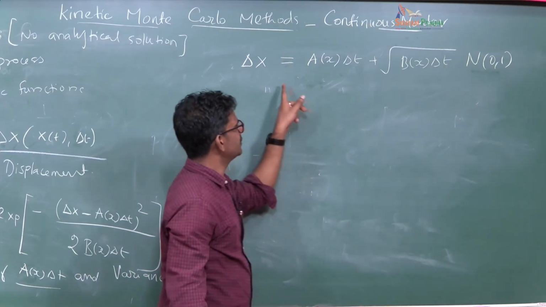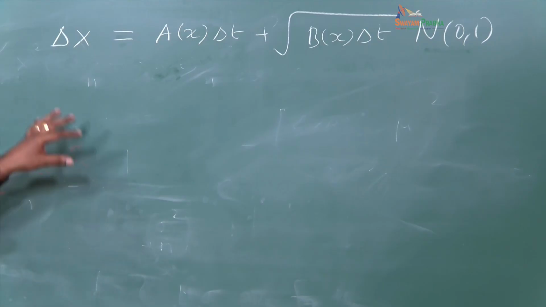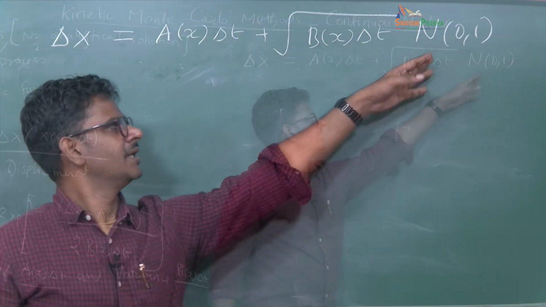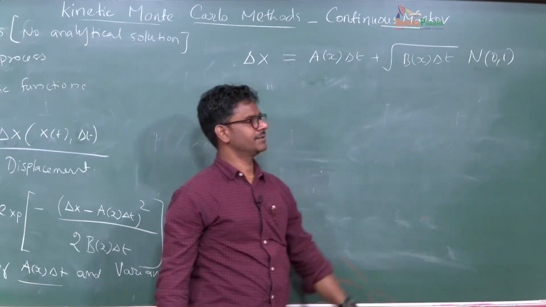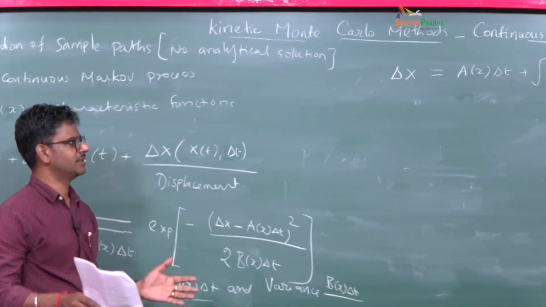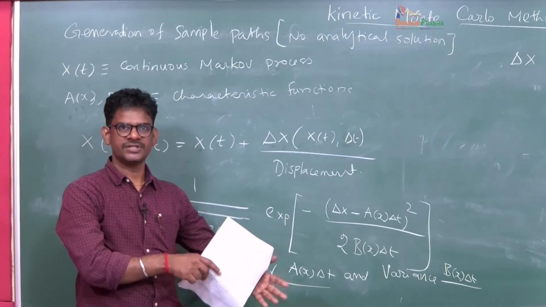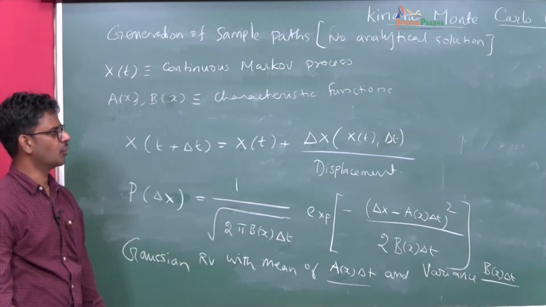Okay, so this looks very similar to a Langevin equation formulation in a discretized form, that you would have dx by dt is equal to a plus square root of b and then a normal random variable like this. So you can see the unison, the correlation between the Langevin dynamics, the Langevin simulation, and the numerical way of solving this Markov process.